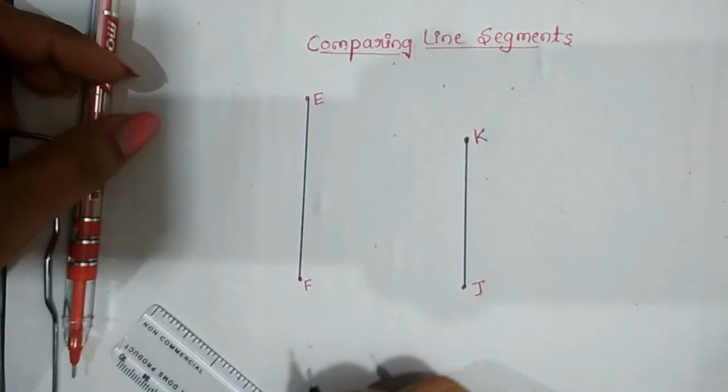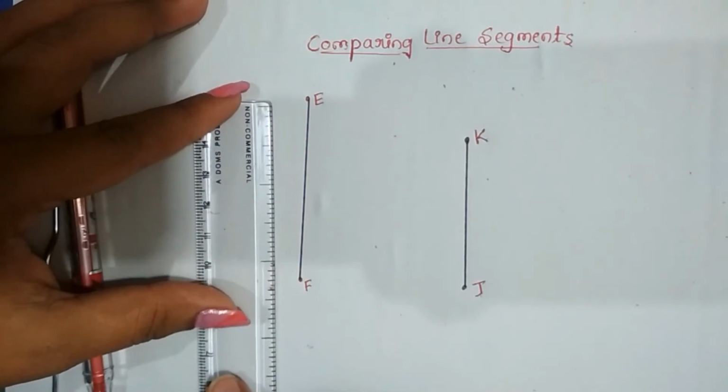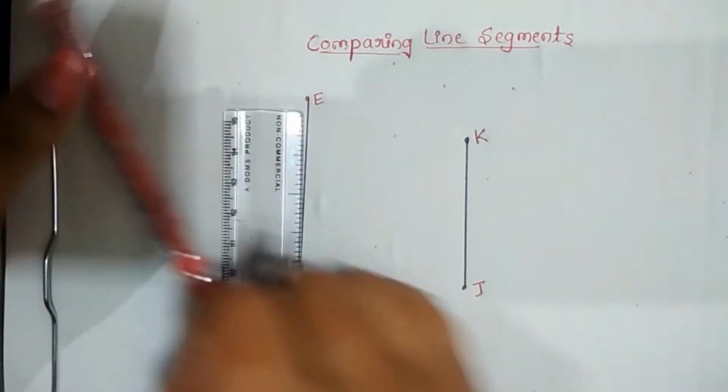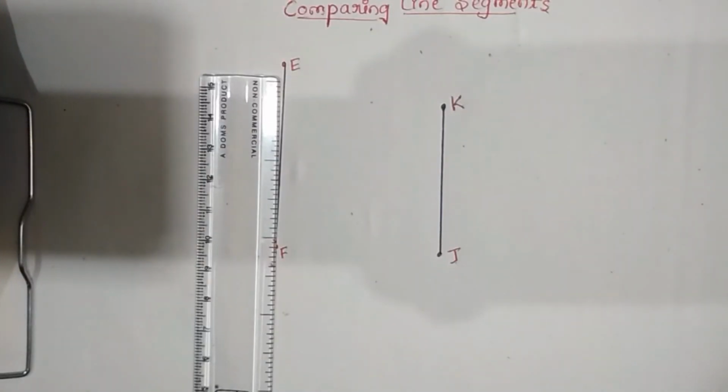Now which one is the longest and which one is the shortest? We have to measure and then compare those to find which is the longest and which is the shortest.